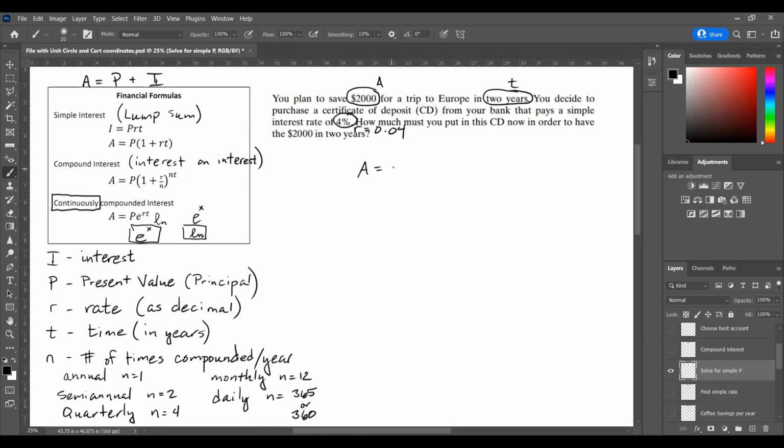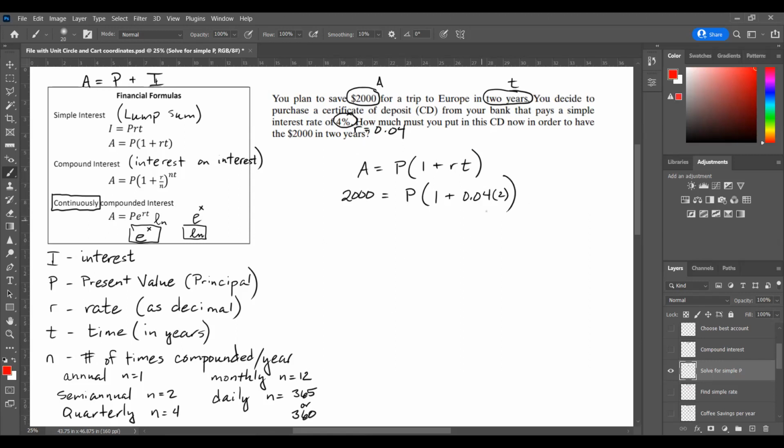So let's grab our simple interest formula again. Plug in everything we know. We know we want $2,000. We don't know P yet. We're trying to get that. Our interest rate was 0.04, and we're talking about 2 years down the road.